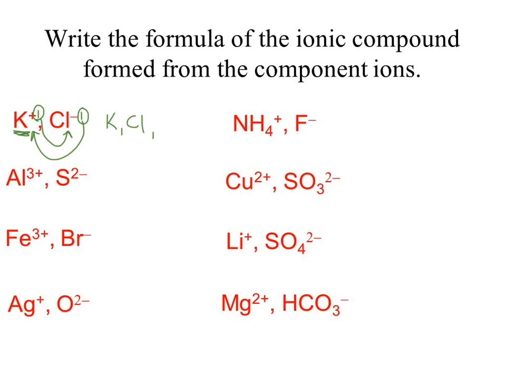So the crisscross method for the next one, again, you should be able to look at the periodic table and know that aluminum is going to lose its 3 valence electrons and form a +3 charge. Sulfur's going to pick up 2 electrons, get an octet, and form a -2. So the crisscross looks like this. The number of aluminums I need is the charge on the anion, and the number of sulfurs, or actually sulfides, I need is the charge on the cation.